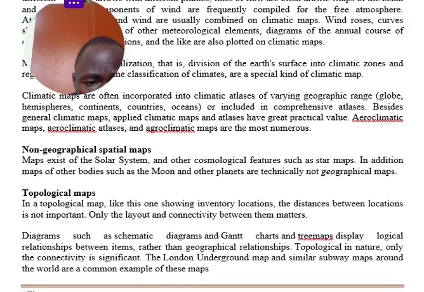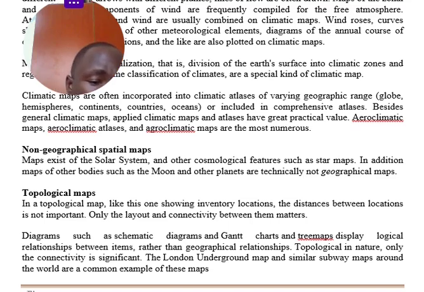When you look at what we call the non-geographical spatial maps, most of these maps exist on the solar system, and they are cosmogeographical features. For instance, stars, moons, and other things can be seen on the planets without involving any technology, but they can actually be seen and drawn.